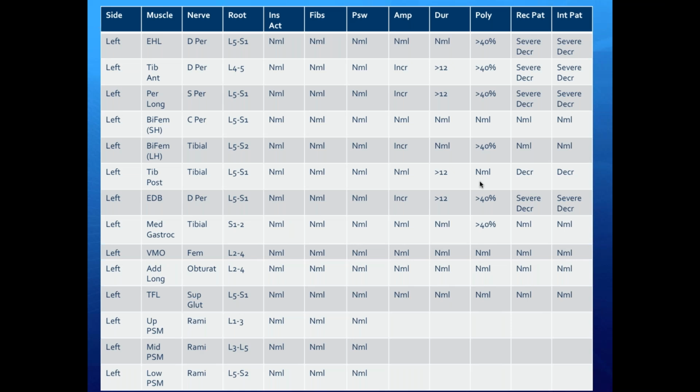Some muscles had anywhere from a severe decreased recruitment and interference to a mildly decreased recruitment interference. That's kind of a subjective term as far as how decreased it would be. But compared to the tibialis posterior, the other muscles like the EDB and the peroneus longus were severely decreased. So you can see some of the findings there.